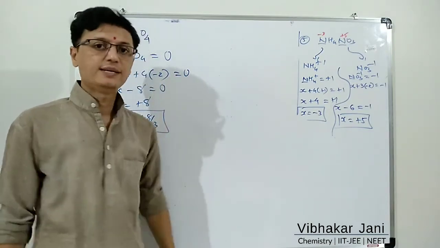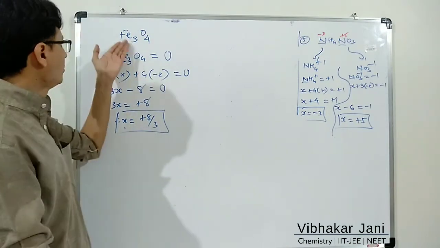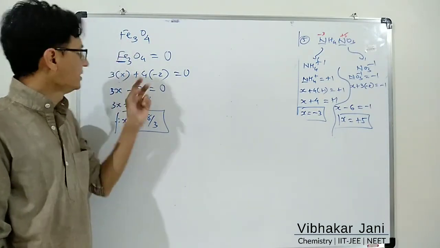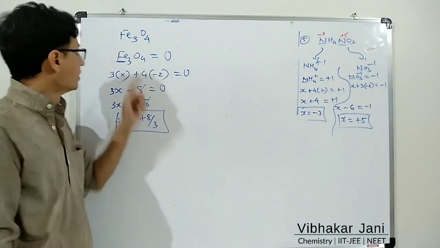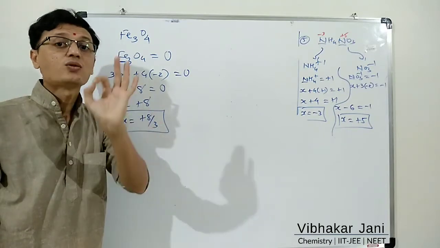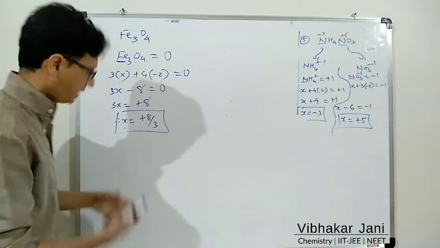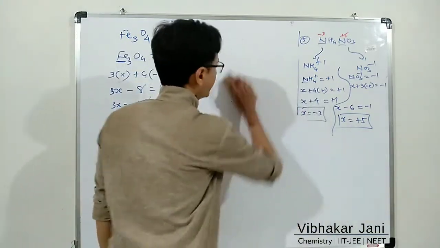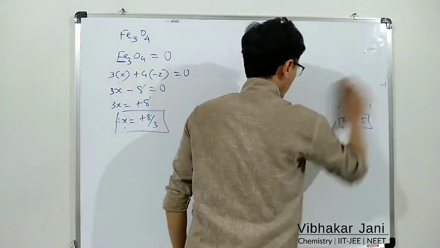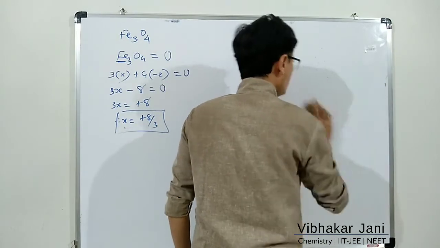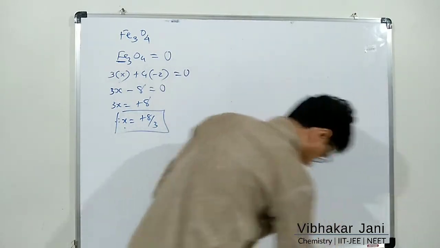Okay, now let us find the individual oxidation state of all the iron elements. Here we have 3 Fe, but all these 3 Fe do not have the same oxidation state. Why? Because in Fe3O4, there are 2 compounds mixed together.